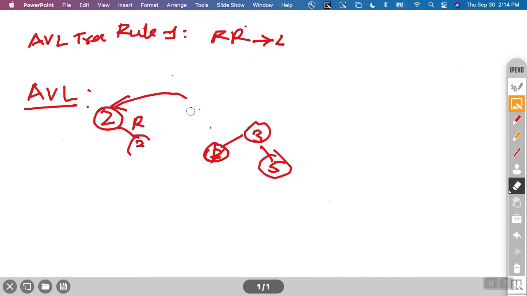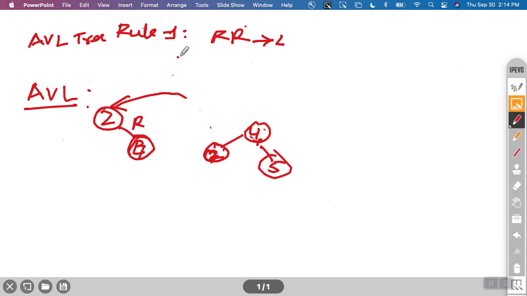Okay, so let us make it 4 instead of 3. So 4 and then 2. We got 4 and then 2 and then 5 over here.